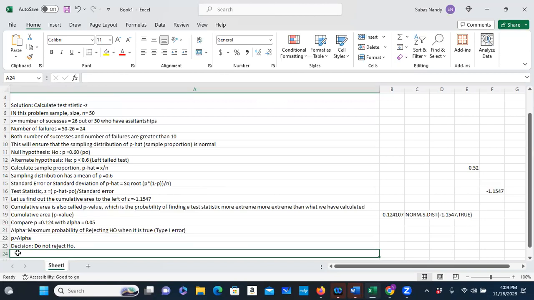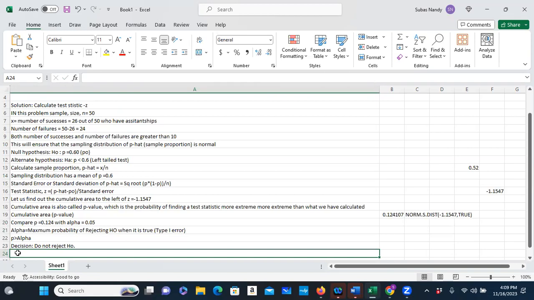That means the null hypothesis we have assumed should not be rejected, because that value of P is possible. The decision is do not reject H0, and the main reason is the P value, the probability of getting a test statistic as extreme as minus 1.154 or more extreme is very high, assuming H0 is true. So P is greater than alpha, therefore do not reject H0 is the decision.